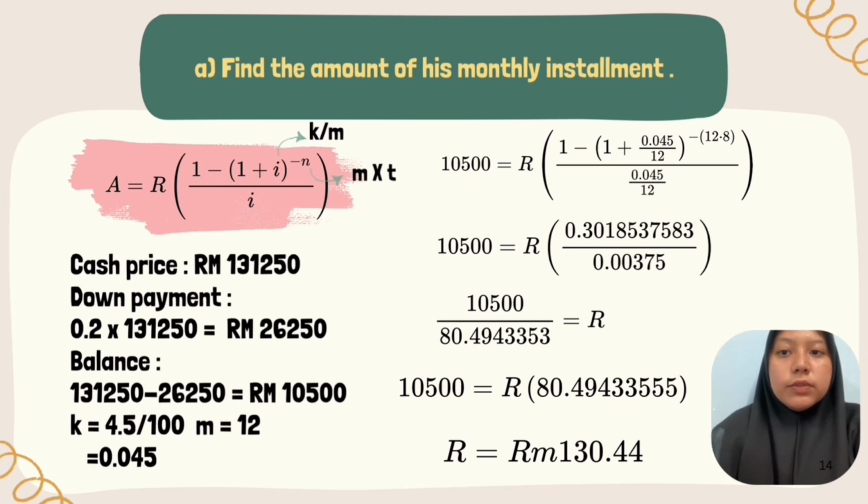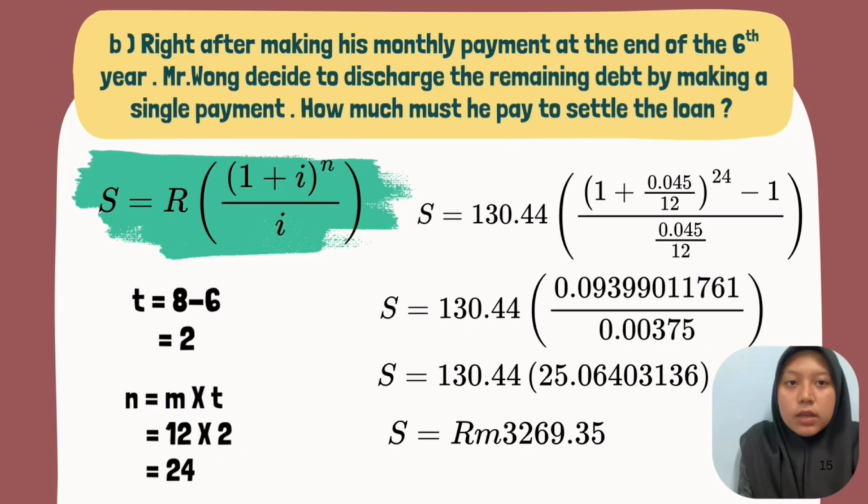For the balance, cash price minus down payment. For the K, it is 0.045 and the M is 12. After that, we use the formula in the question and we get the answer R equals 130 ringgit and 44 cents.